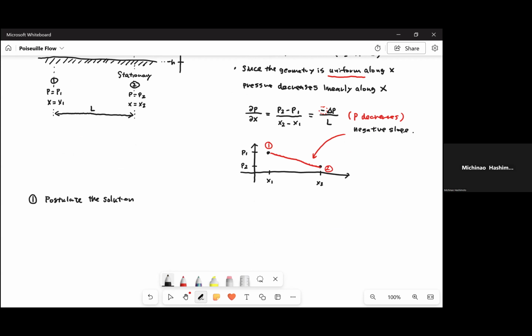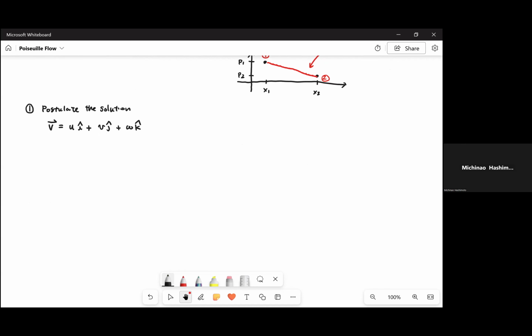We start with the velocity, which is ui plus vj plus wk. Let's do a very similar consideration.